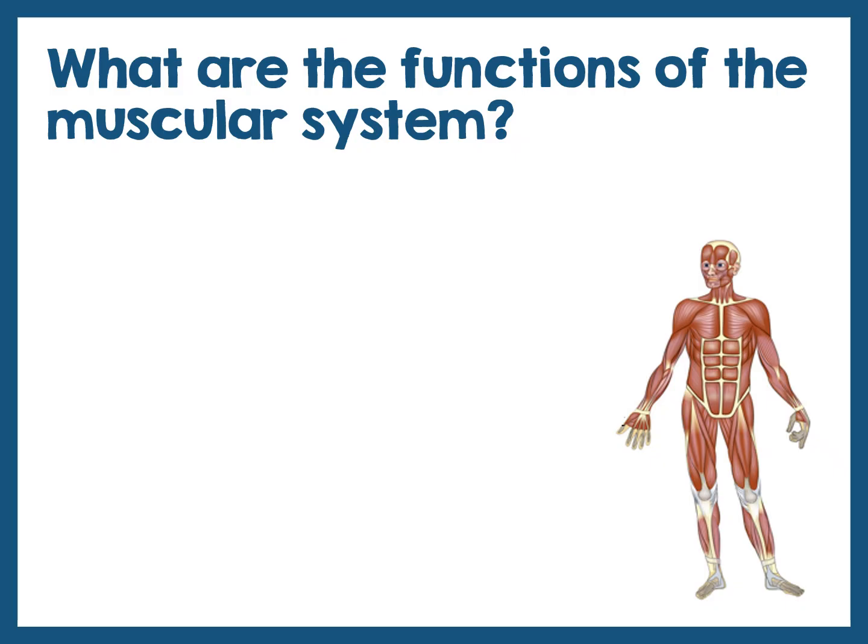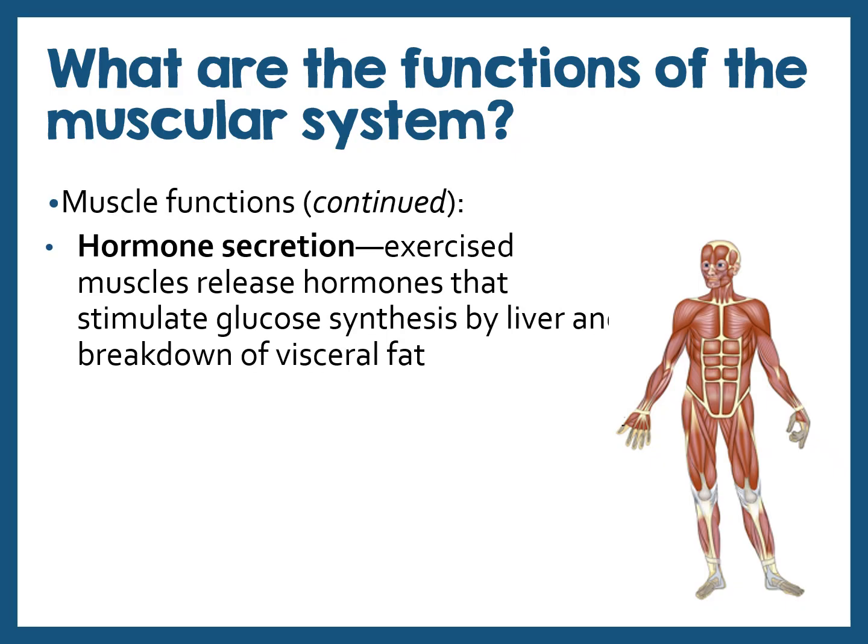As you exercise those muscles, they actually begin to secrete hormones that stimulate glucose synthesis, or gluconeogenesis, by the liver. And it also begins to stimulate the breakdown of visceral fat.